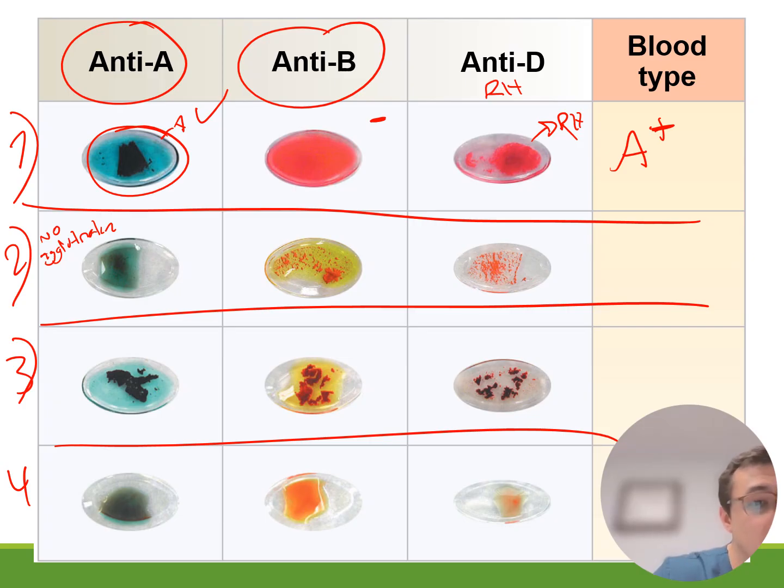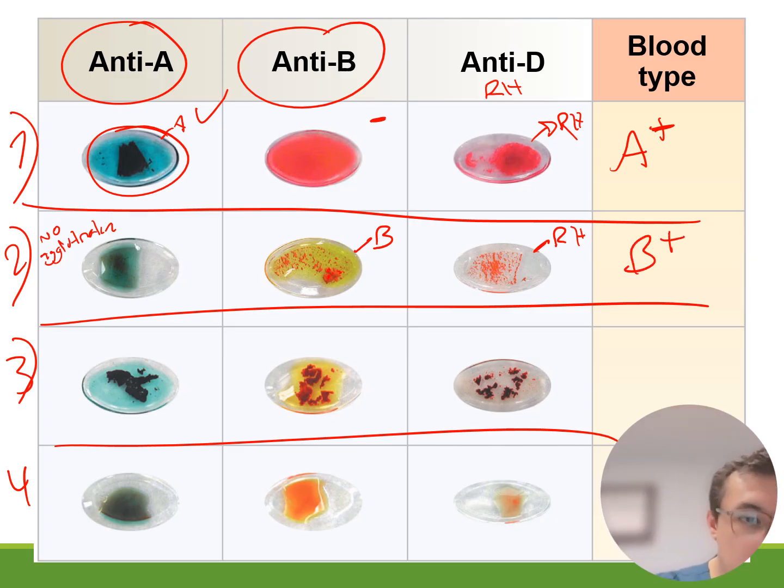Now we added anti-B, and you see that there are clumps, so we know that there is at least B. Now we added anti-Rh, and there is agglutination. So here we have B positive.